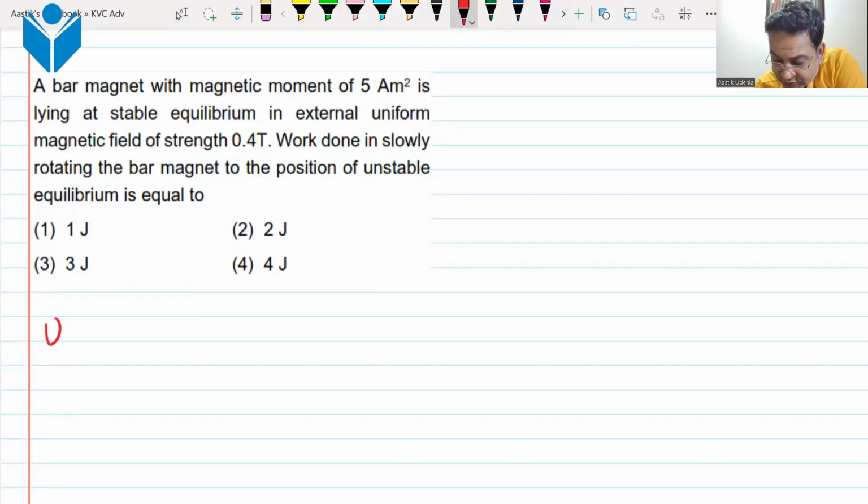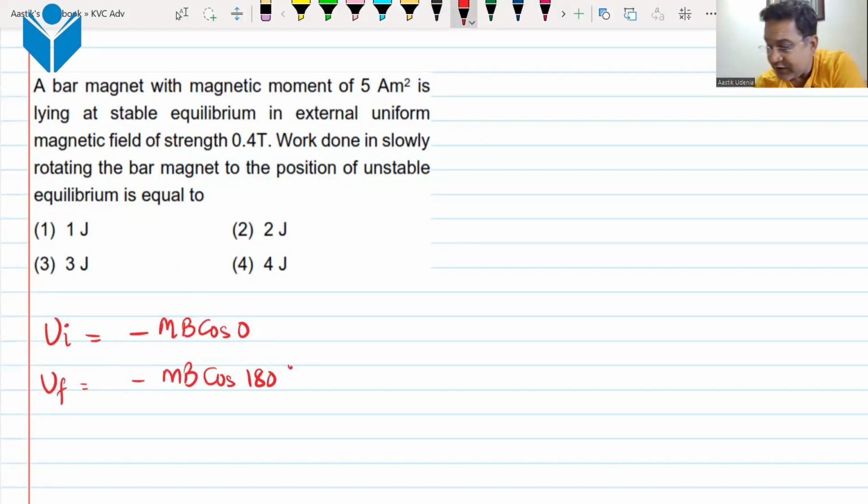So the initial energy is minus m dot b, m into b, where m is the magnetic moment, b into cos of 0. Final energy is minus m b cos of 180 degrees.